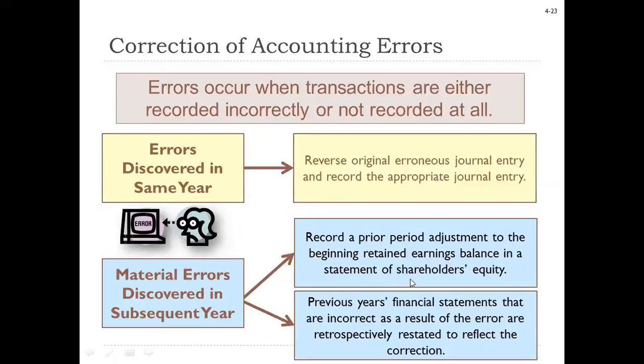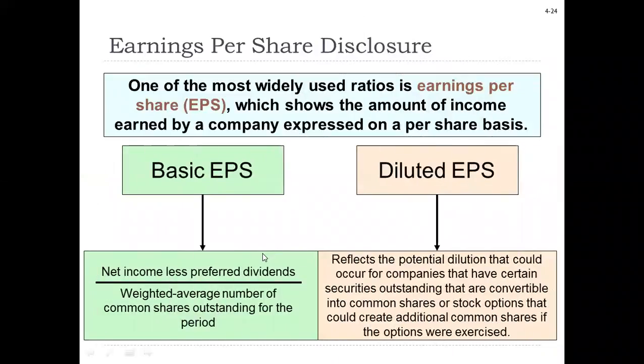In other words, you have to go back and fix the beginning retained earnings, and you have to correct the prior year's financial statements. But again, we'll go over that in more detail when we go through the subsequent chapter on accounting changes.